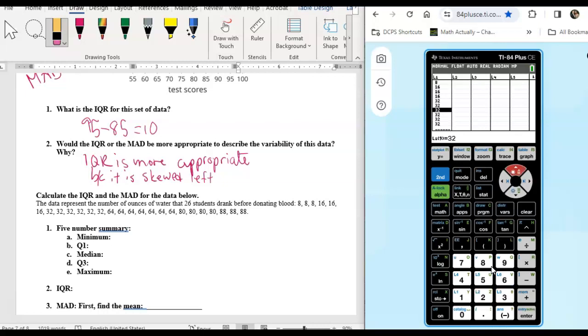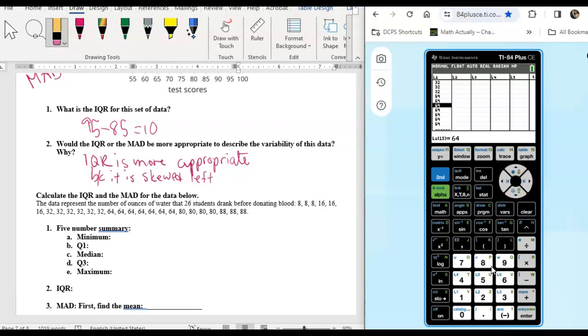Something I didn't say today, but it's important to go back and check to make sure you entered your data correctly, because a couple of you had some calculations that weren't accurate because there was a number missing or something. So 64 is going to be 1, 2, 3, 4, 5, 6, 7. So 64, 64, 64, 64.